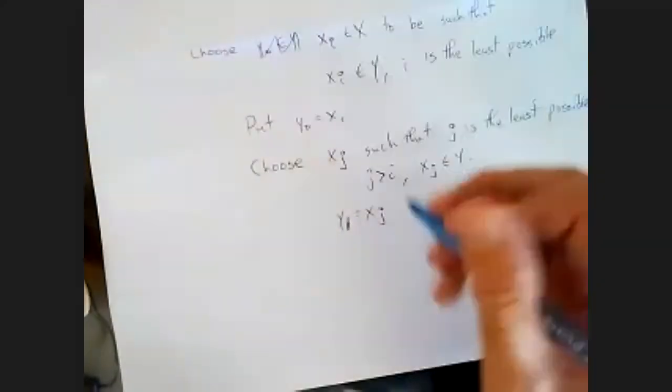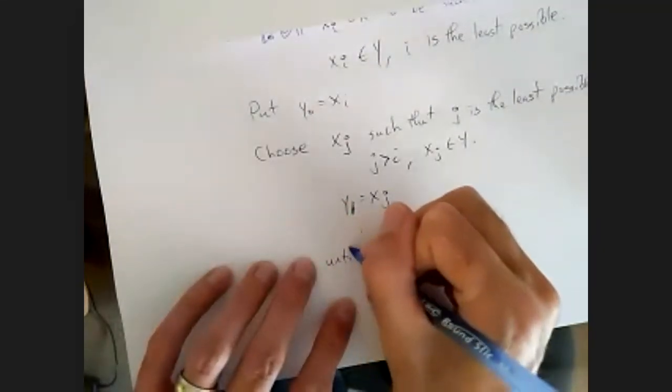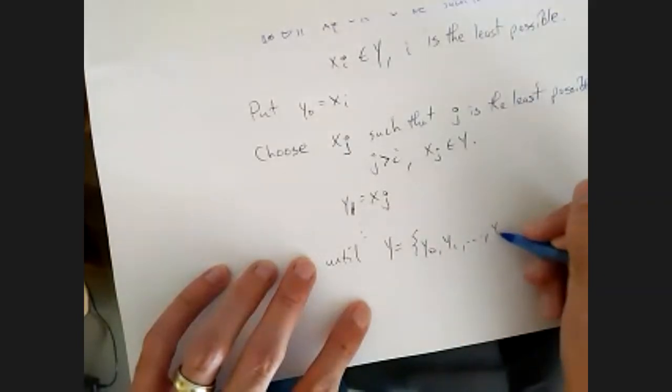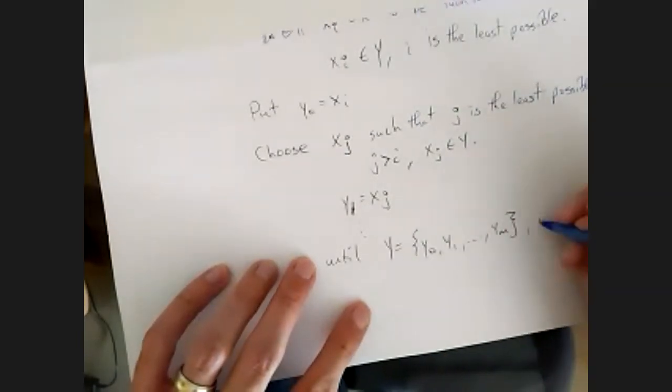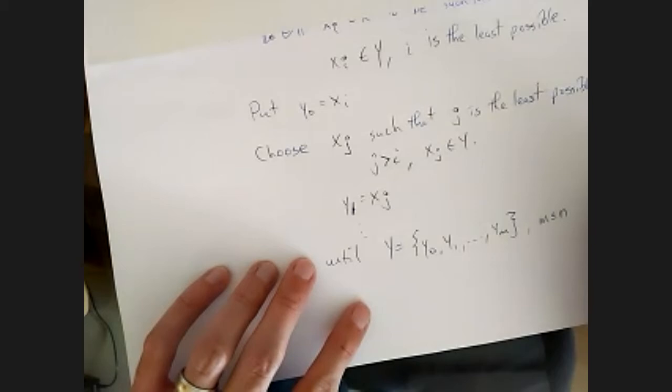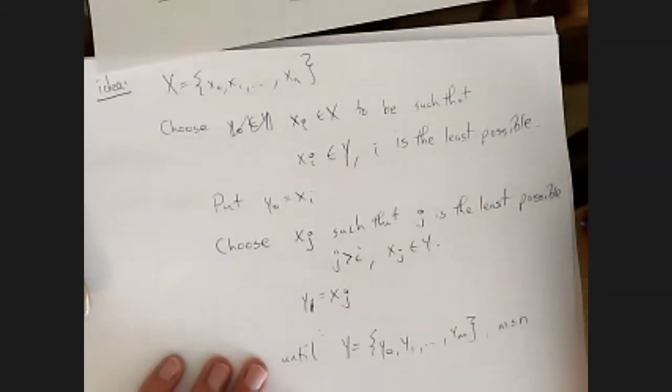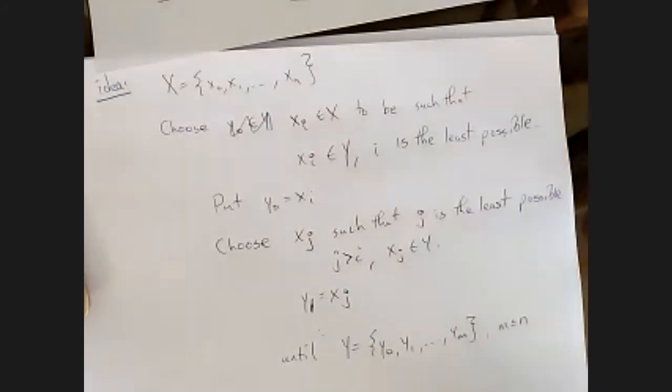Just keep on going until Y is equal to Y0, Y1 up to Ym, with m less than or equal to n. This idea can be turned into a real proof if you carefully use the recursion theorem, but we're not going to do that. I'm just going to say that it could be done.